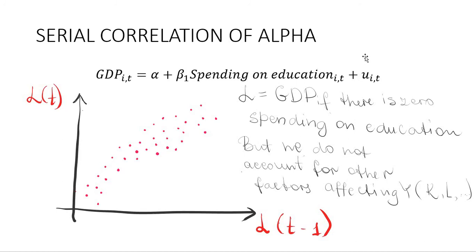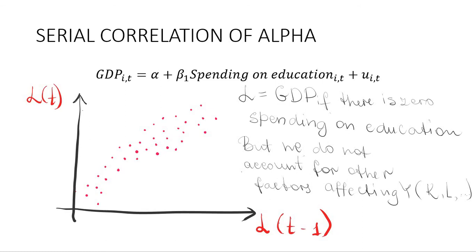If we do not account for other determinants of GDP, like capital stock or the size of the labor force, then probably we will end up with something like this. Alpha will be positively dependent on the value of alpha in the previous period. It will increase over time.